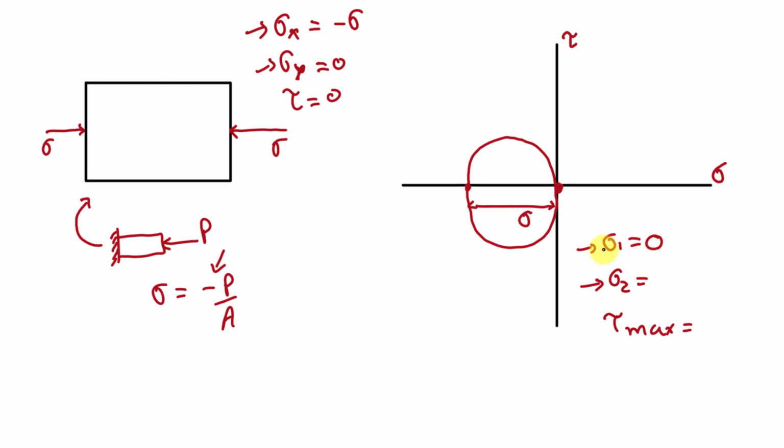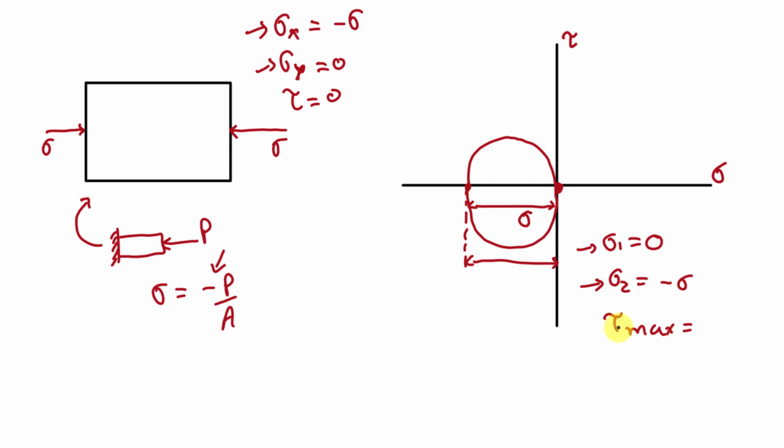So in our case the value of maximum principal stress is 0. Now here what will be the value of minimum principal stress? To get sigma 2 we have to take this distance. And here this distance is sigma. And it is in the negative direction, so we will take sigma 2 as minus sigma. Means in this case the minimum value of principal stress is minus sigma.